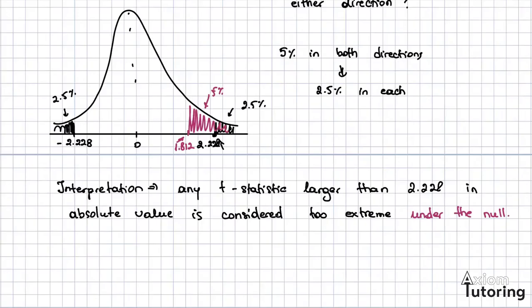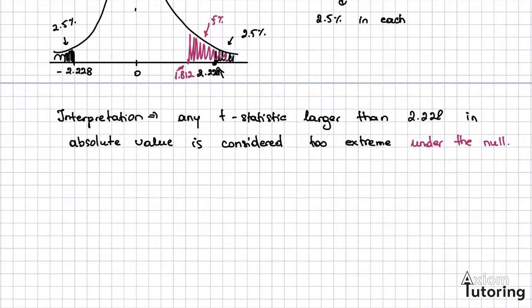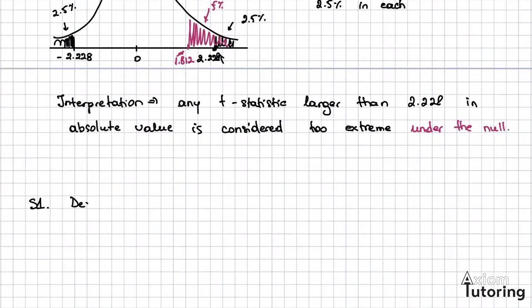Now that you've seen an actual example, let's make a summary of how to use the table step by step. The first step should always be to decide whether you are working with a one-tailed or a two-tailed test. Usually this is given to you by the context of the exercise that you're solving. You don't just arbitrarily choose it.